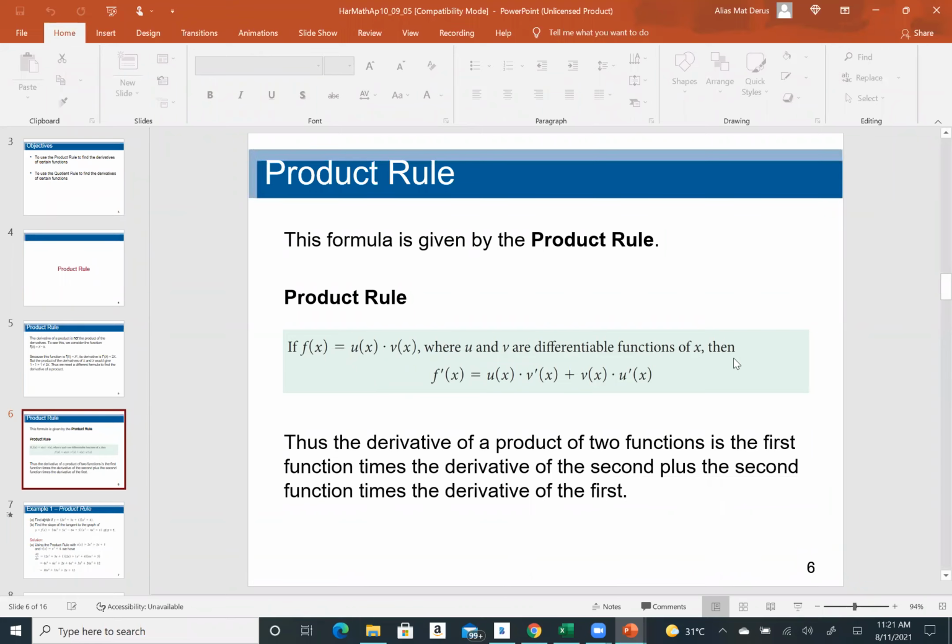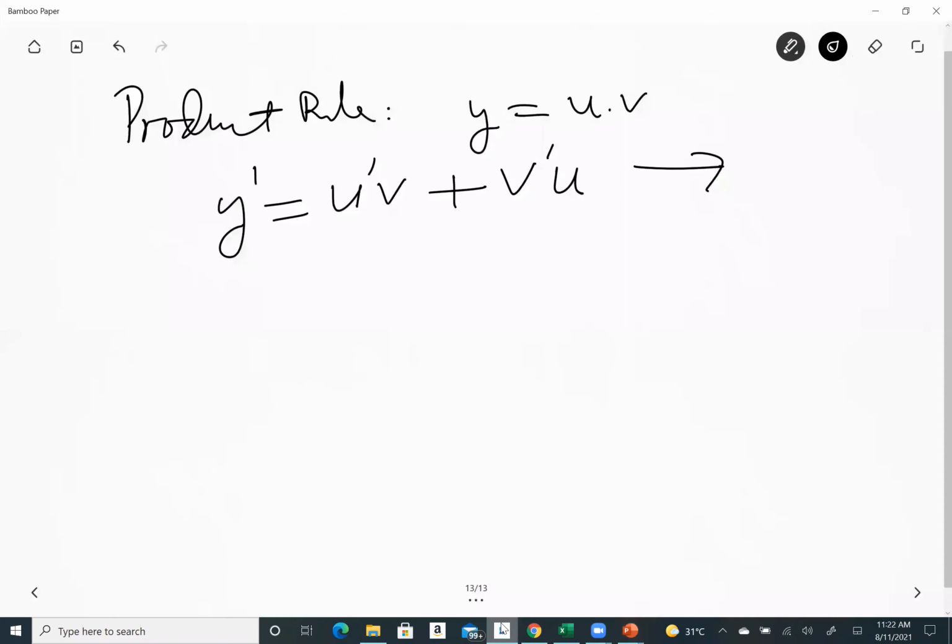It doesn't matter the order. I'm used to this, but they are equivalent. u prime v plus v prime u. All right, so that is the product rule.